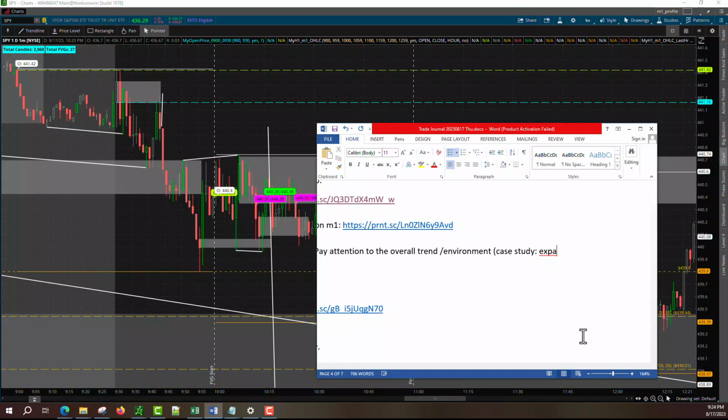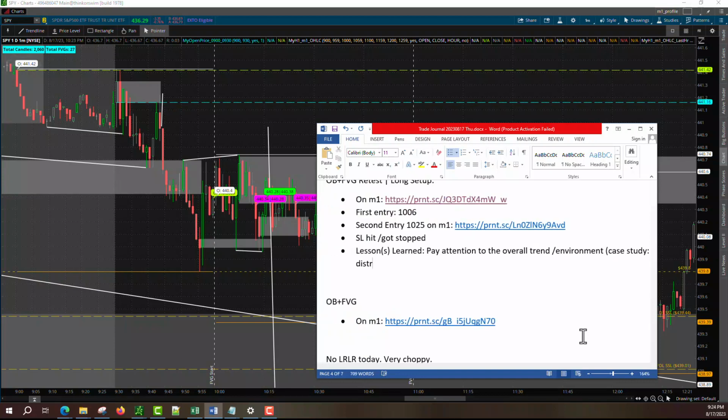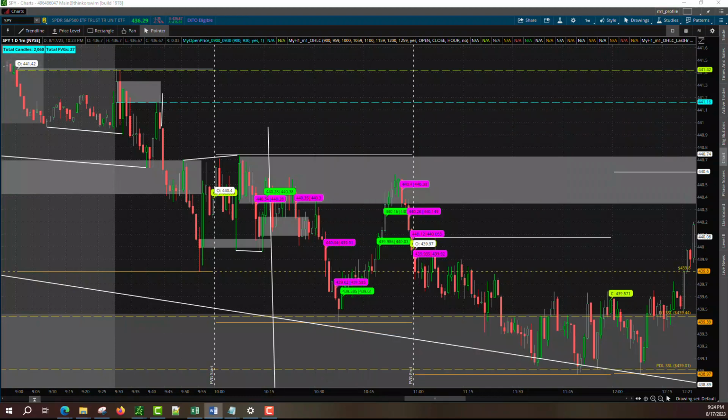However, in the distribution down, right, expansion up versus distribution down, which is today and the last couple of days, distribution down.